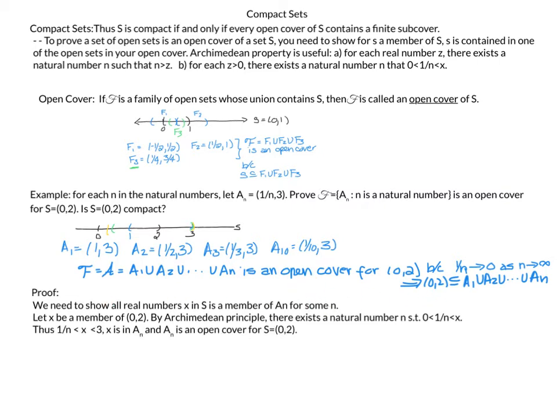And to do that, we will use the Archimedean principle. And for your reference, I have the Archimedean property here. For each real number z, there exists a natural number n such that n is greater than z. We're going to use the equivalent property of the Archimedean principle, which is for each real number x, there exists a natural number n such that 1/n is between 0 and x.